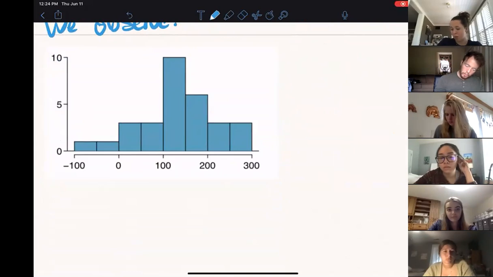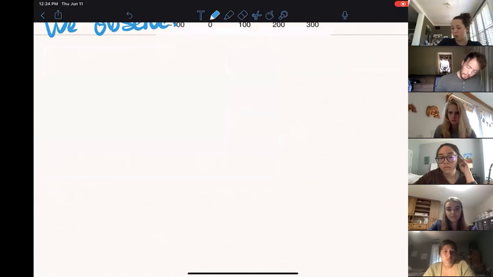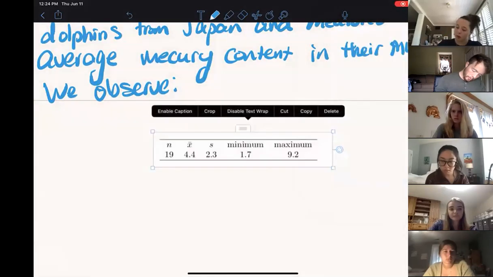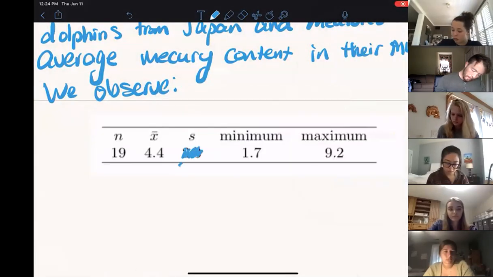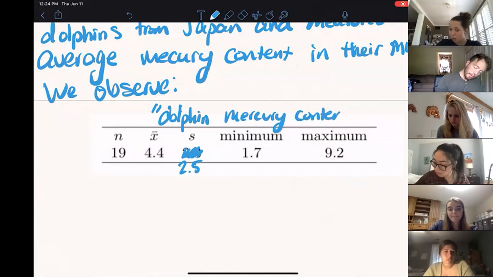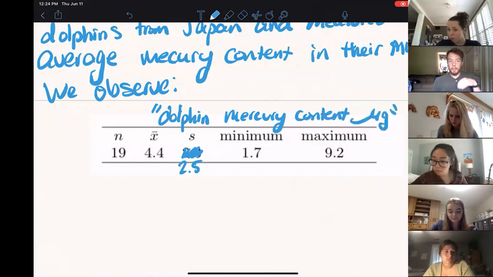So I think this is our data. I want to show you this is our data to start. And I'm going to note there's a little error here. There should be 2.5. So this is dolphin mercury content in muscles, and I think micrograms is the units.